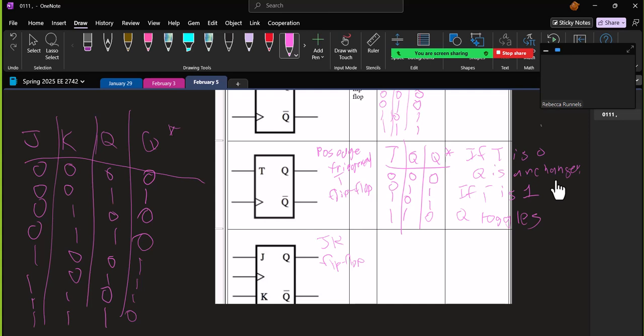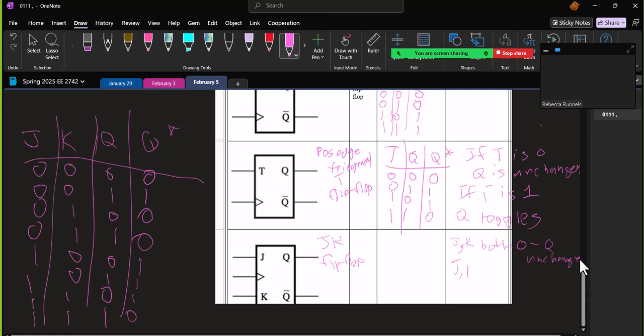So in words, what this says is if J and K are both 0, Q is unchanged. J and K both 1, Q toggles.